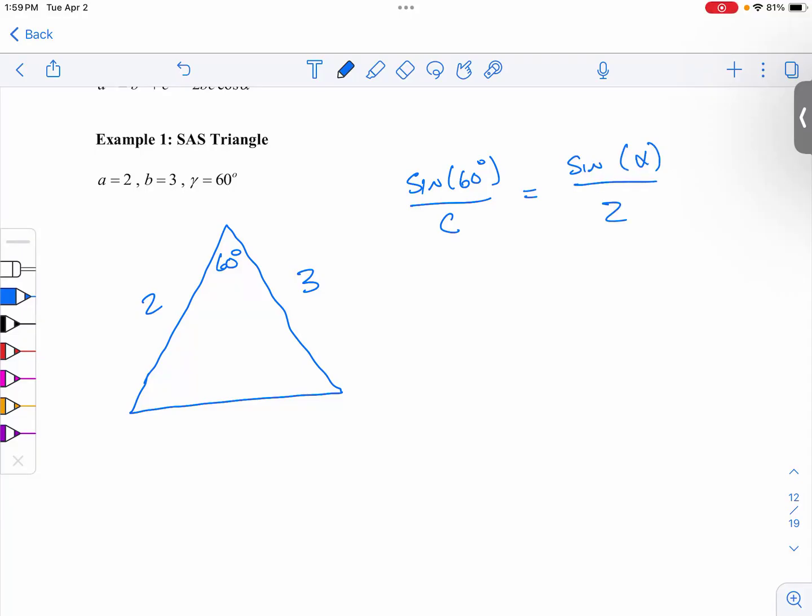What's my problem here? I have two unknowns in one equation, okay? That's bad news because I have two unknowns and I don't have two equations. Three unknowns, three equations, etc. So this is why the law of cosines is much better.